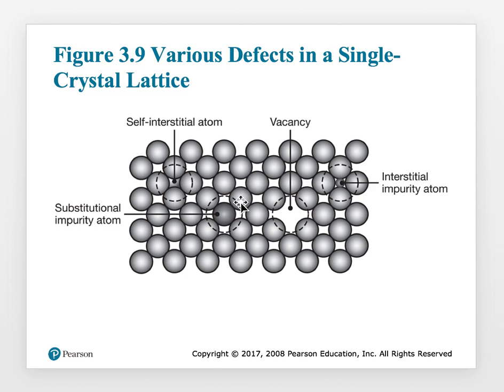And sometimes this substitutional, it is called a substitutional atom, and that atom might be smaller than the other atoms in the lattice. So which means that you are creating a gap, and that gap can move around. So the whole material can deform as a result of those substitutional atoms.